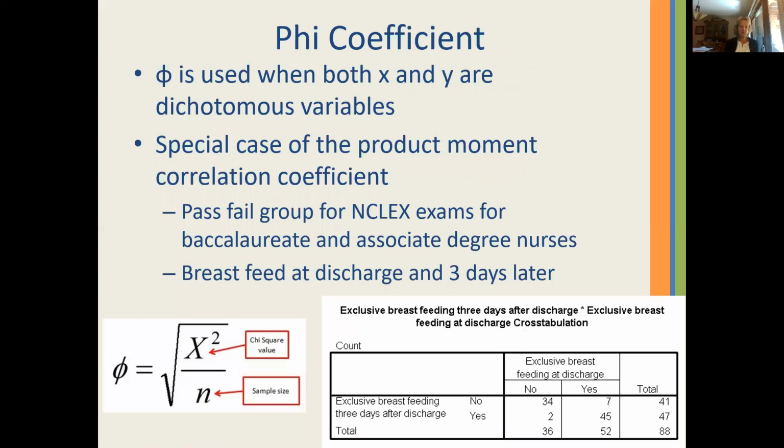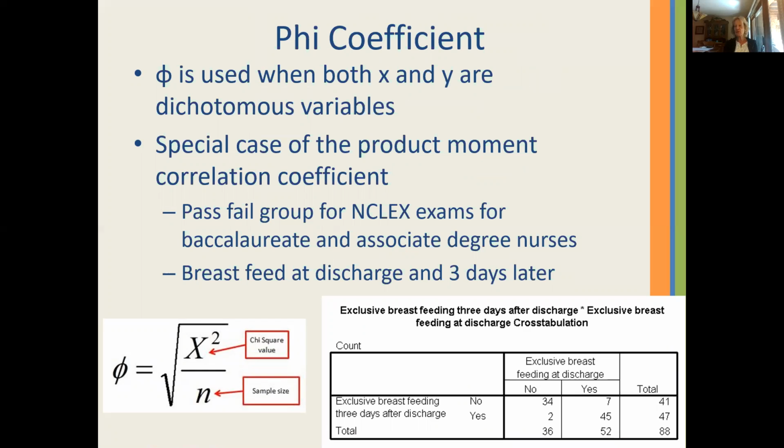The phi coefficient, which is abbreviated, as you can see there with the circle and the line through it, is used when both X and Y are dichotomous variables. So it's a special case of the product moment correlation coefficient.